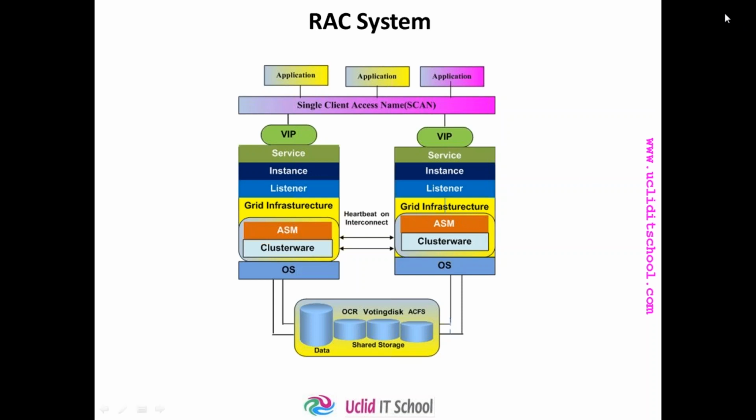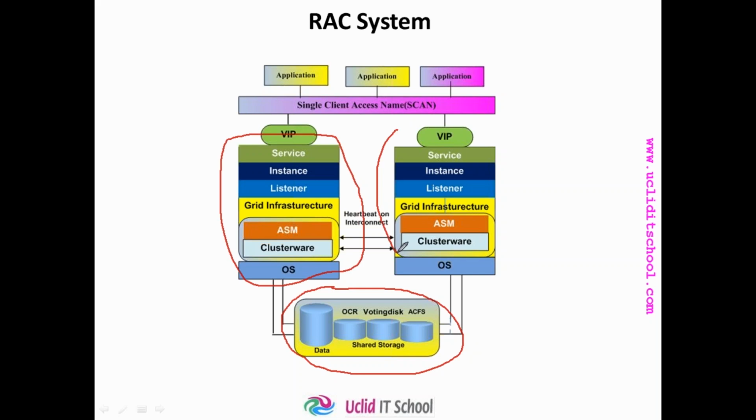Let me take the drawing tools. So this is the shared storage. This is one server. Second server. Each server is connected to the shared storage. Now on each server, we have local storage.